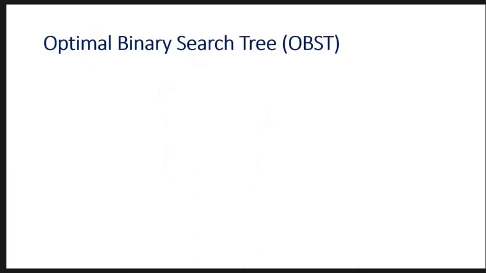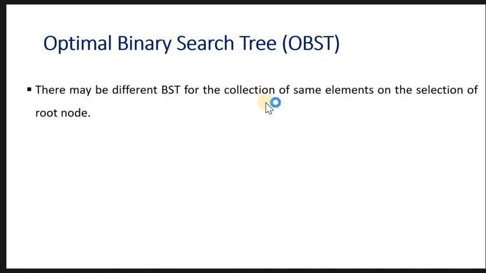Okay. Now in this particular video, I am going to explain the optimal binary search tree, which is not covered in the classroom. Now what is the optimal binary search tree? Before going for the optimal, all of you know the binary search tree. In a binary search tree, the left subtree is smaller than the parent, whereas the right subtree is greater than the parent node.